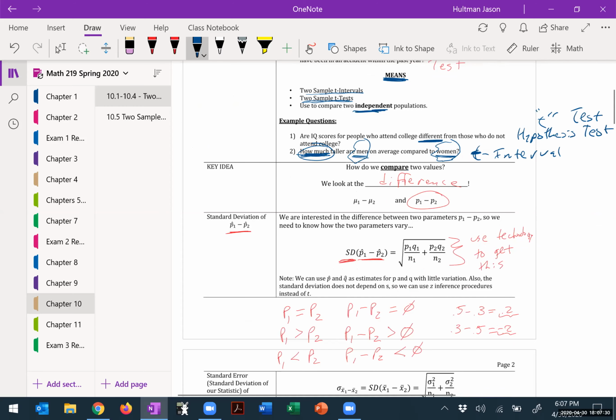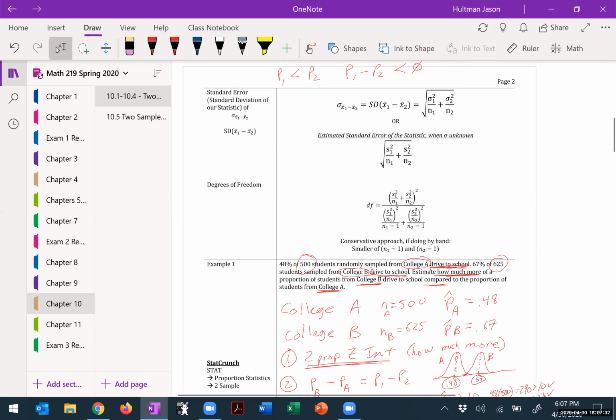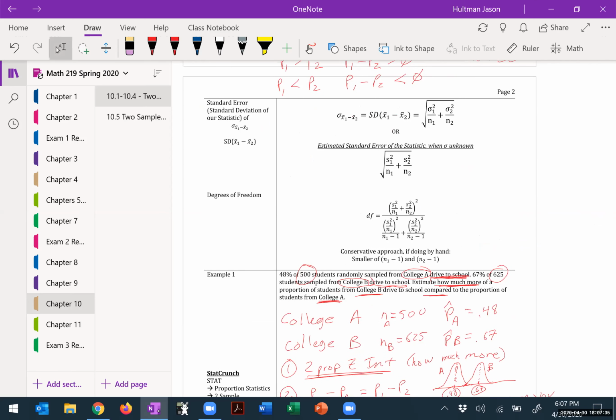How would we get standard error? For a hypothesis test or for a confidence interval, it would look like this. We would get mu1 minus mu2 plus or minus t star times my standard error, and in this case, it's the square root of sigma squared 1 over n1 plus sigma squared 2 over n2.